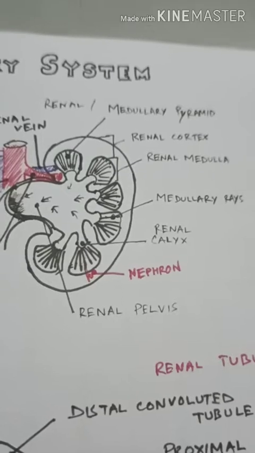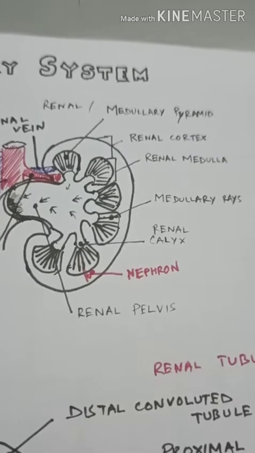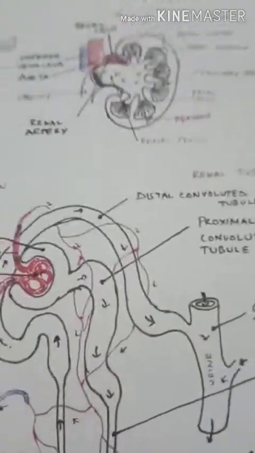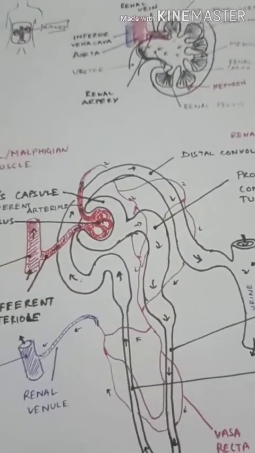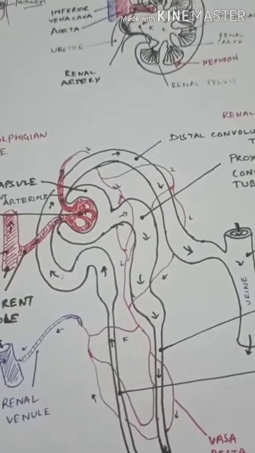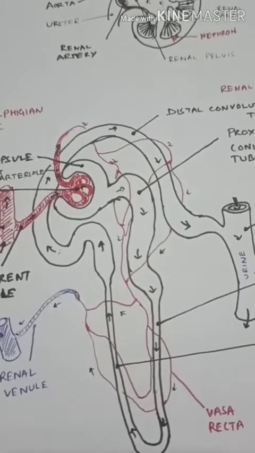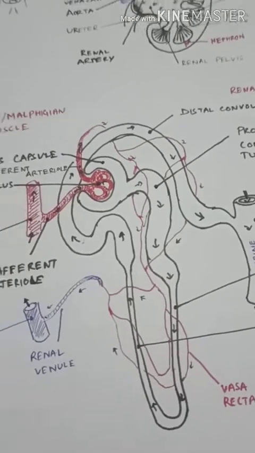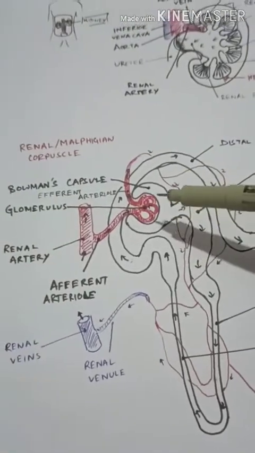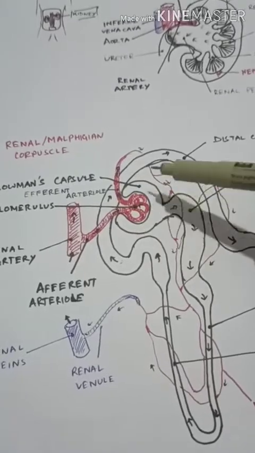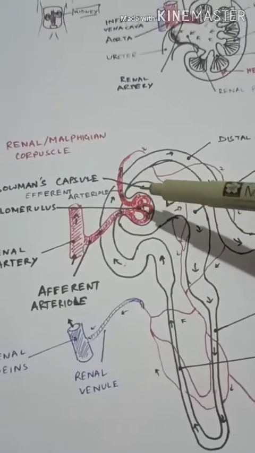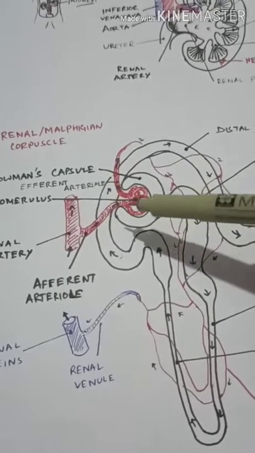So what actually happens during this time is, we have this nephron. As you know, this is the main structure, the functional unit of the kidney. The nephron, we already know the different structures. So the renal corpuscle or the Malpighian corpuscle right here is the place where the main filtration takes place.